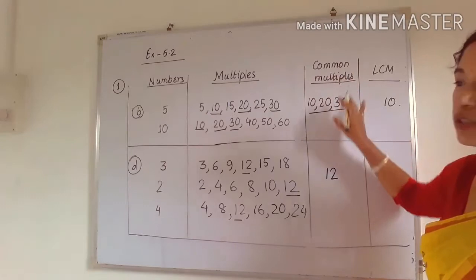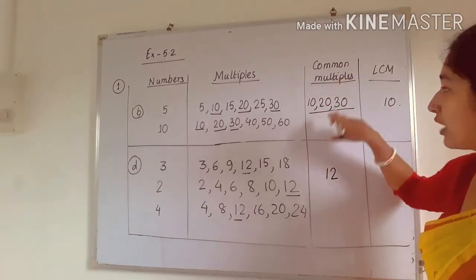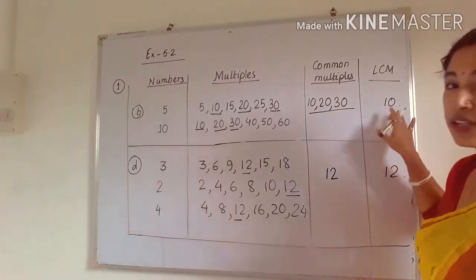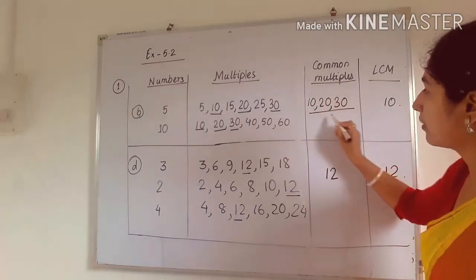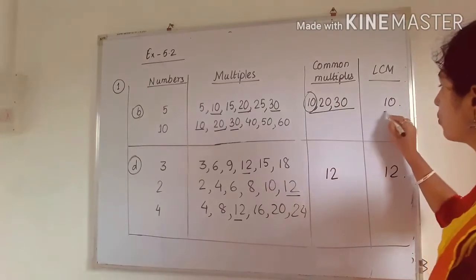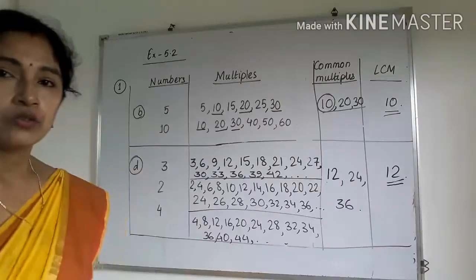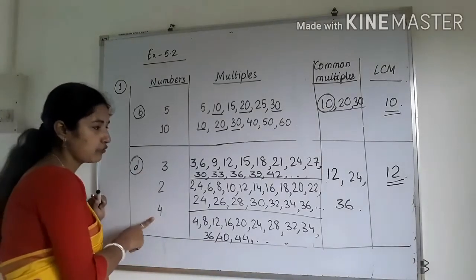In the common multiples column you have to write 10, 20 and 30. Now you have to write the LCM. LCM means the lowest common multiple. Which one is lowest among 10, 20 and 30? Yes, 10 will be the lowest one. So LCM of 5 and 10 will be 10.